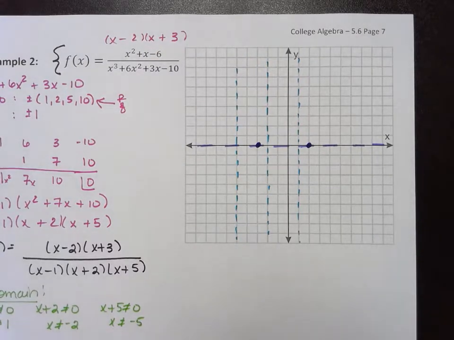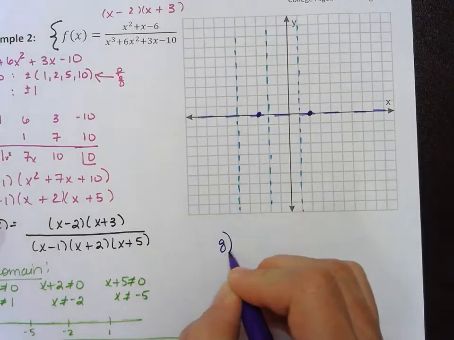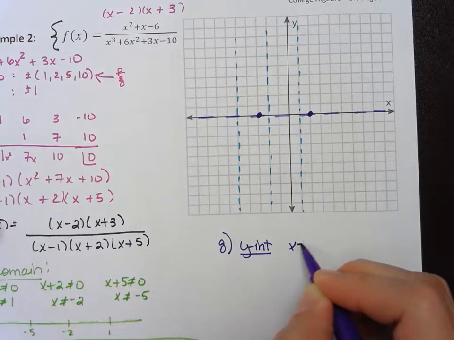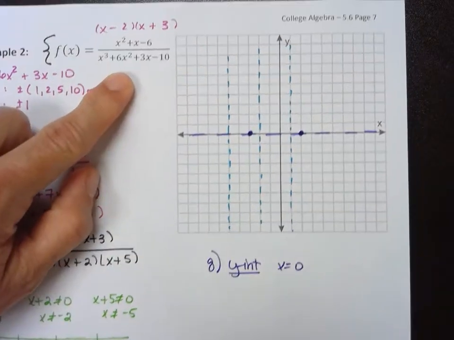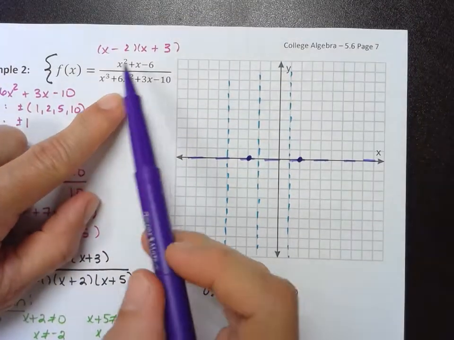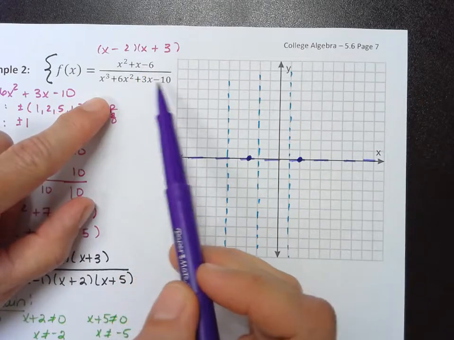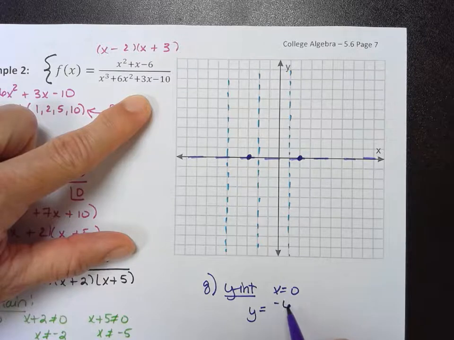Okay, next we want to find the y-intercept. To find a y-intercept, you let x equal 0. Let's go to the original problem. If x is 0, we have 0 squared plus 0 minus 6, over 0 cubed minus 10. So we get y is equal to negative 6 over negative 10.